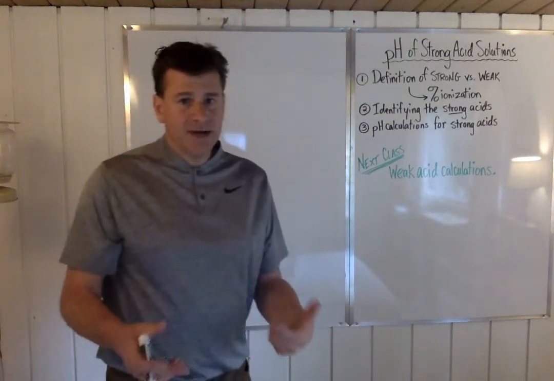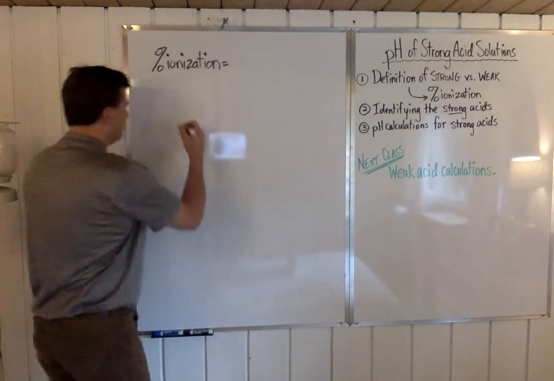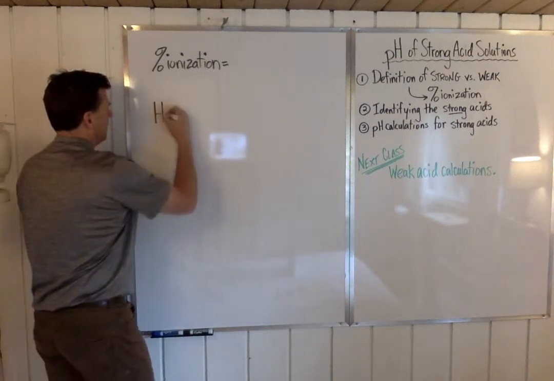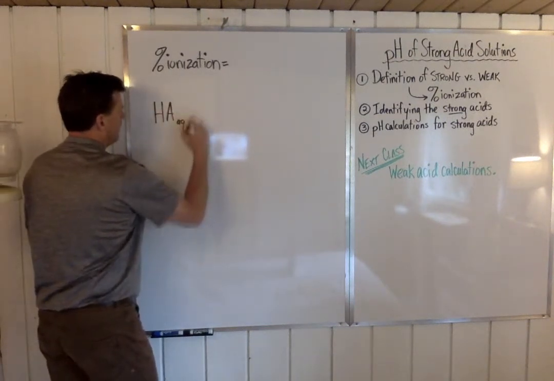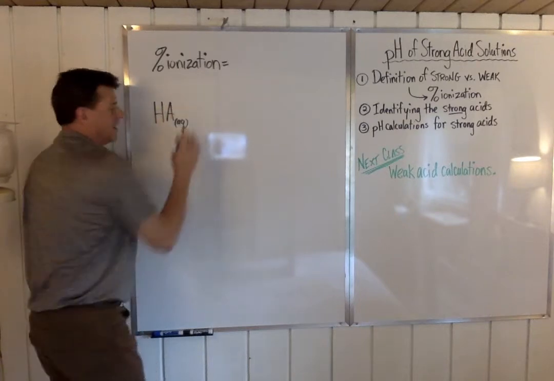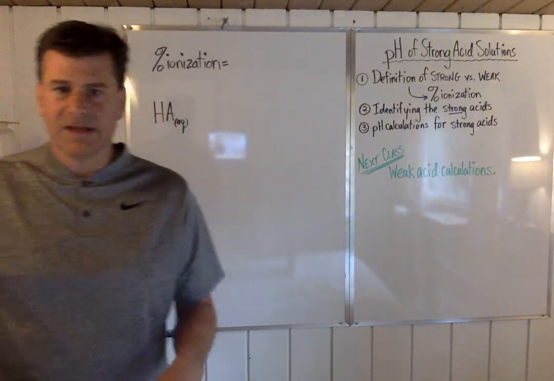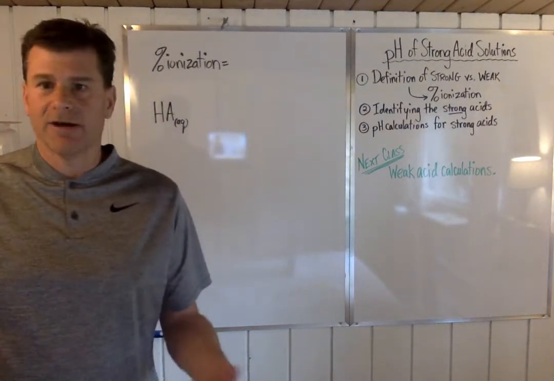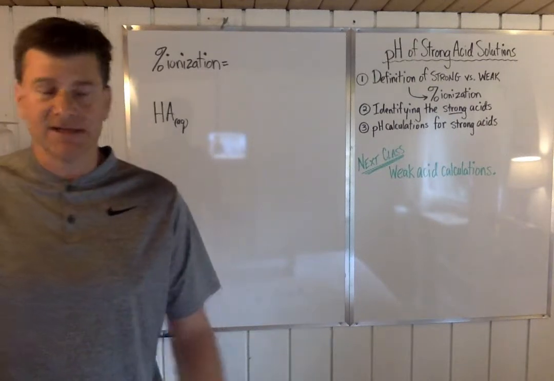So here is our reaction, here's our generic one, and if you remember, I use the little HA to signify a generic acid. Doesn't matter which one, it's any acid.